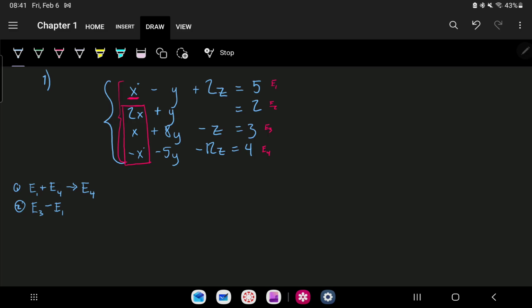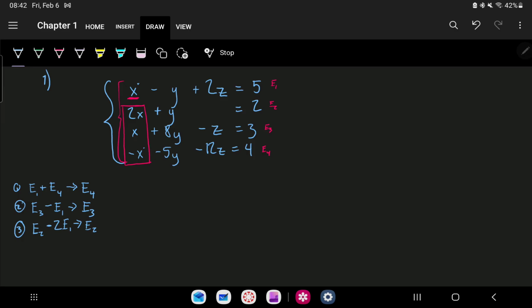Saying E3 minus E1 is the same thing as saying E3 plus negative E1. So this is also legal, and we're going to make that our new equation 3. In the same light, for equation 2, we can say equation 2 minus 2 times equation 1 is going to be our new equation 2.